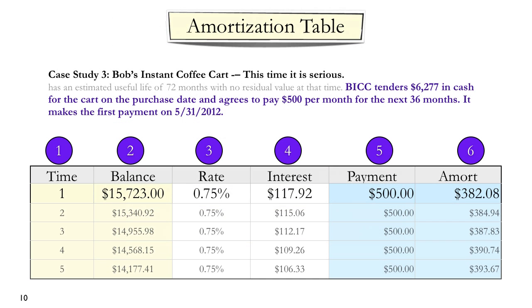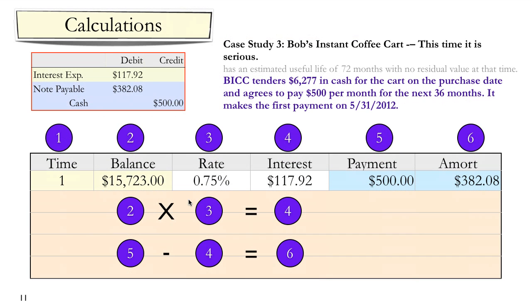Well, one way of calculating this is to set up an amortization table, and I've done that for the first 5 months of payments. On this slide, I've put all the calculations and labeled each of the columns. So remember, what we want to do is figure out how much is interest expense and how much is amortization of the note payable. Well, interest expense is not too hard to calculate.